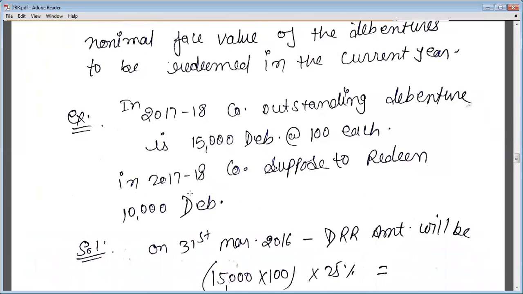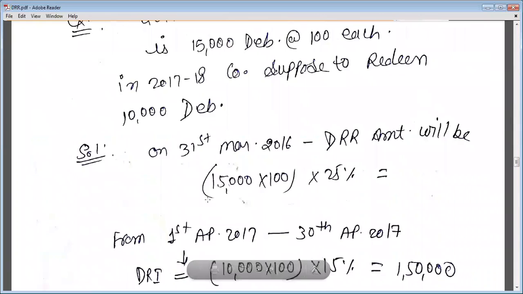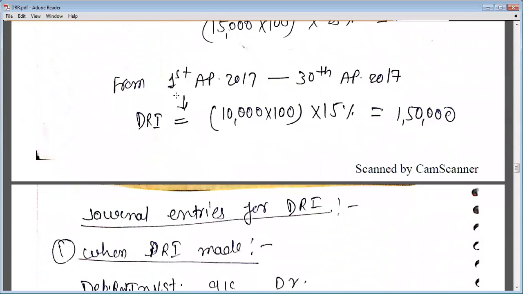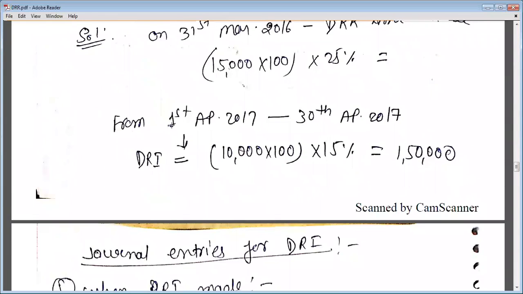Okay? So see, in 2017-18, company is supposed to redeem 10,000 debentures. Okay. So DRI will be created between 1st April 2017 and 30th April 2017.